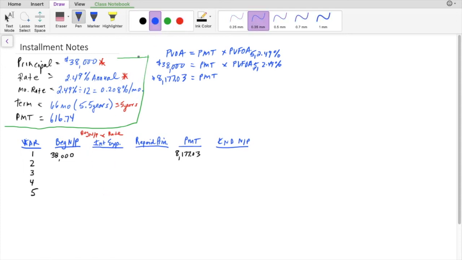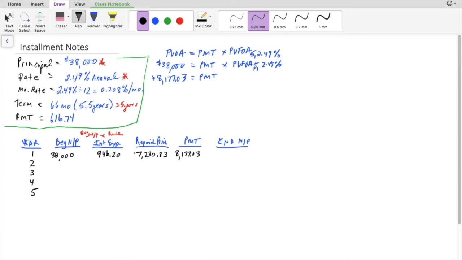If I do that, I'm going to get interest expense of $946.20. So, of my $8,000 payment, $946 of it is interest, which means the rest is going to go pay off my loan, $7,230.83.